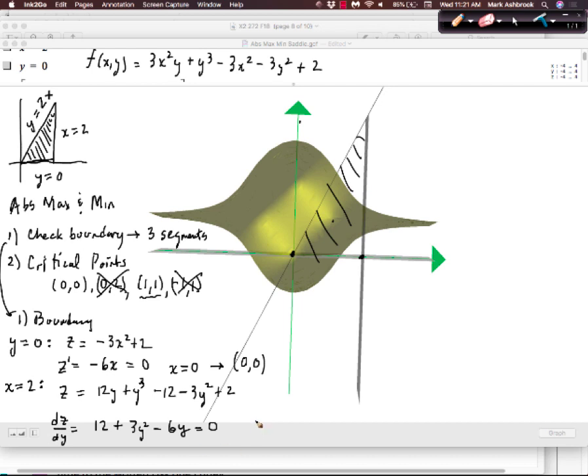We can factor out 3: y squared minus 2y plus 4 equals 0. b squared minus 4ac. So I think this doesn't have any zeros, right? If you do the quadratic formula, you get a negative under the square root. So there are only imaginary zeros, no real zeros.